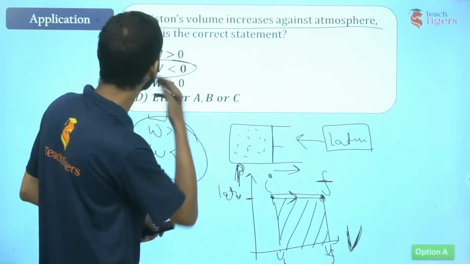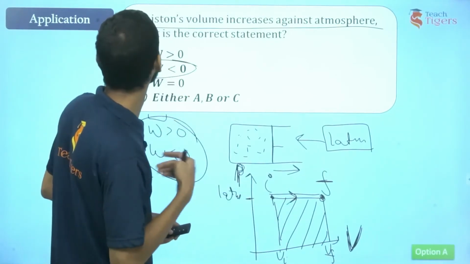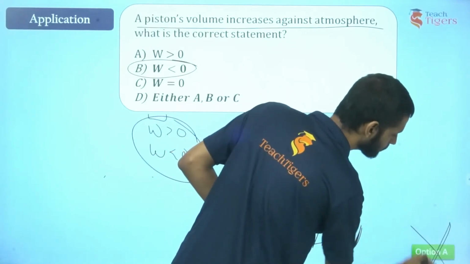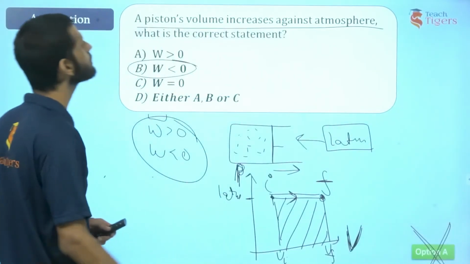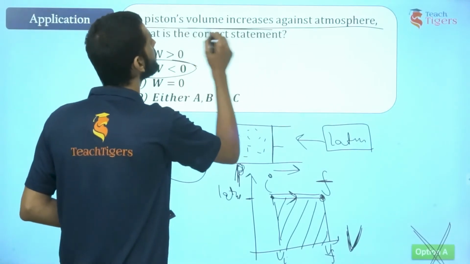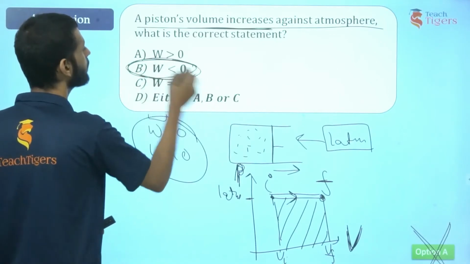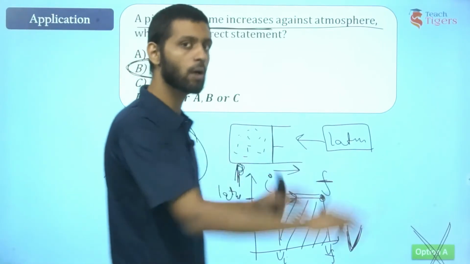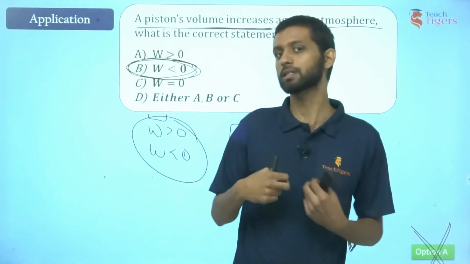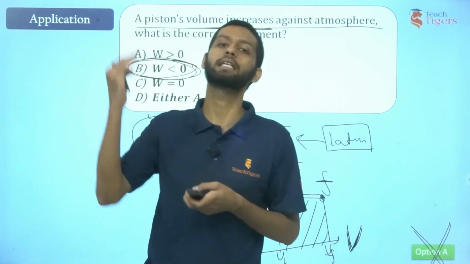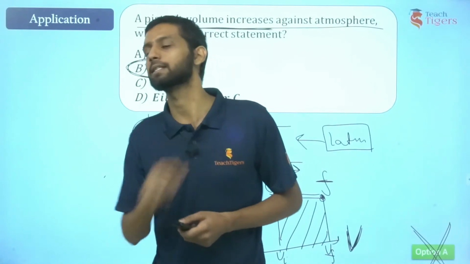Since volume is increasing against atmosphere, work done should be less than 0. Because if the piston pushes outside, it uses its energy. So its internal energy decreases. If its internal energy decreases, then work is less than 0.